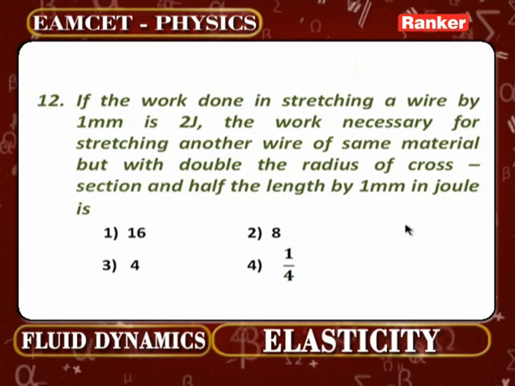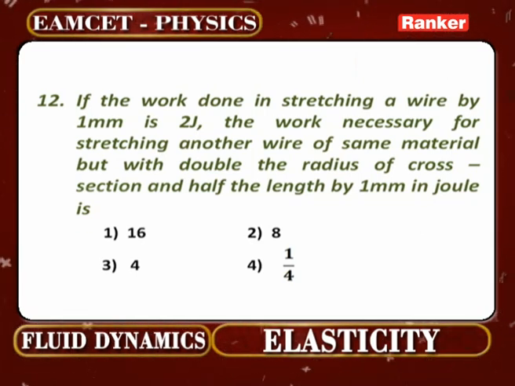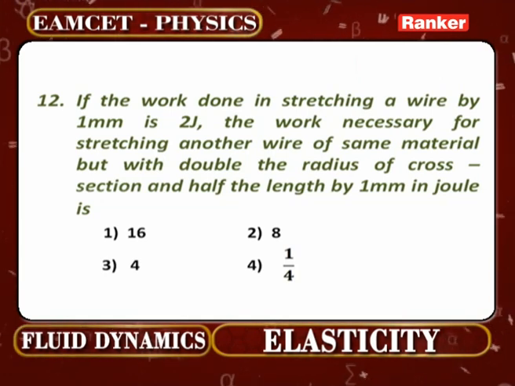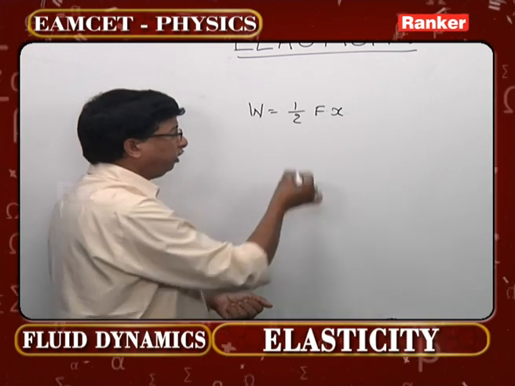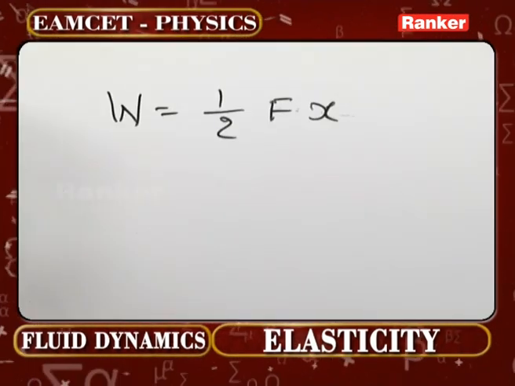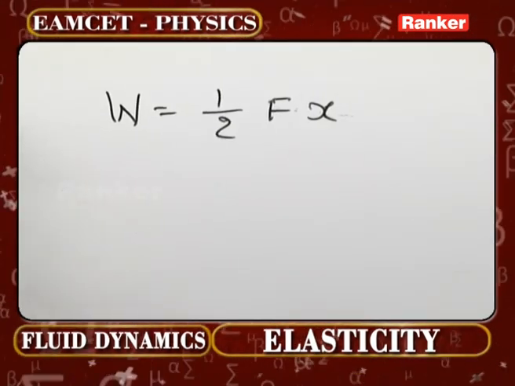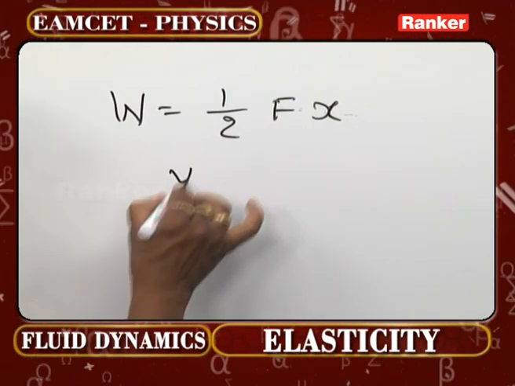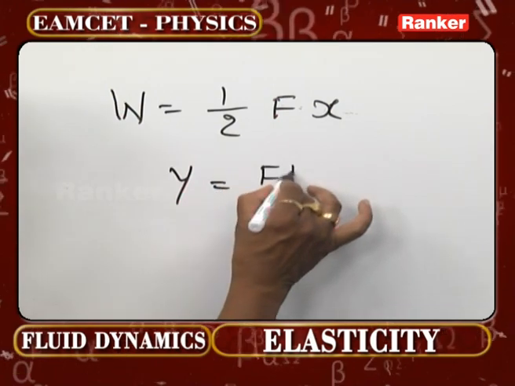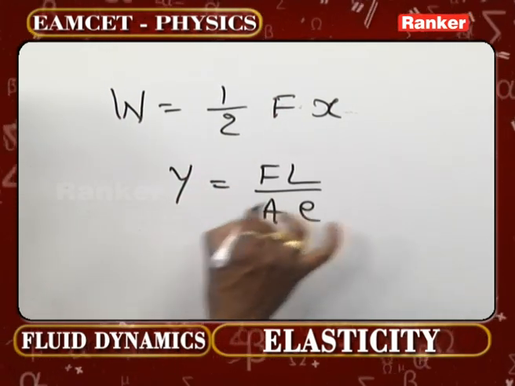All of you should understand whether it is work done or the energy, whatever you call it, half Fx is the formula. F being the force and x being the elongation produced or the compression what has been made over there in the body. But we know very well Y is equal to Fl by Ae formula.